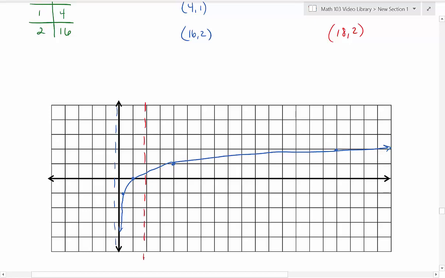And now we'll draw in our points. 2 1/4, -1, 3, 0, 6, 1, and 18, 2. And there's our final answer in red.